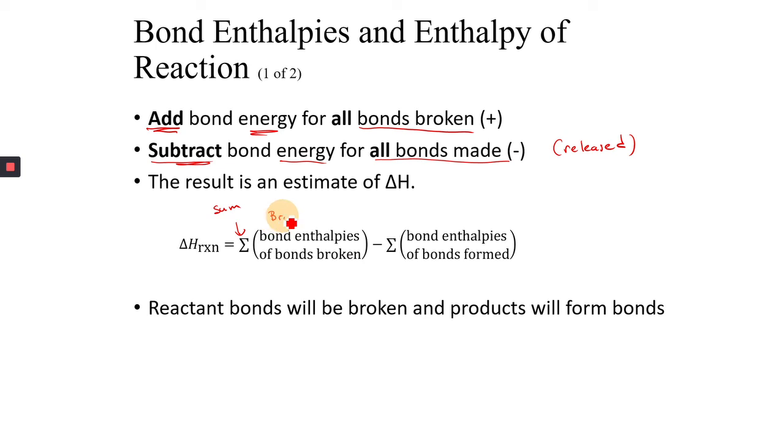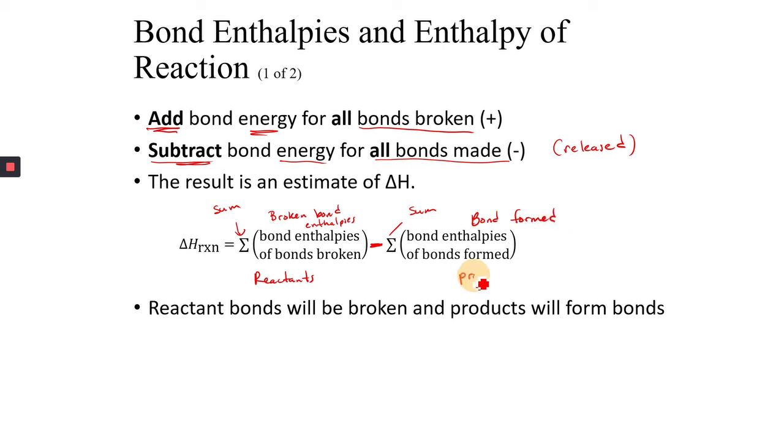So broken bond enthalpies. And where are the broken bonds coming from? They are coming from the reactants in your chemical reaction. Then you want to subtract the sum of the bonds formed.